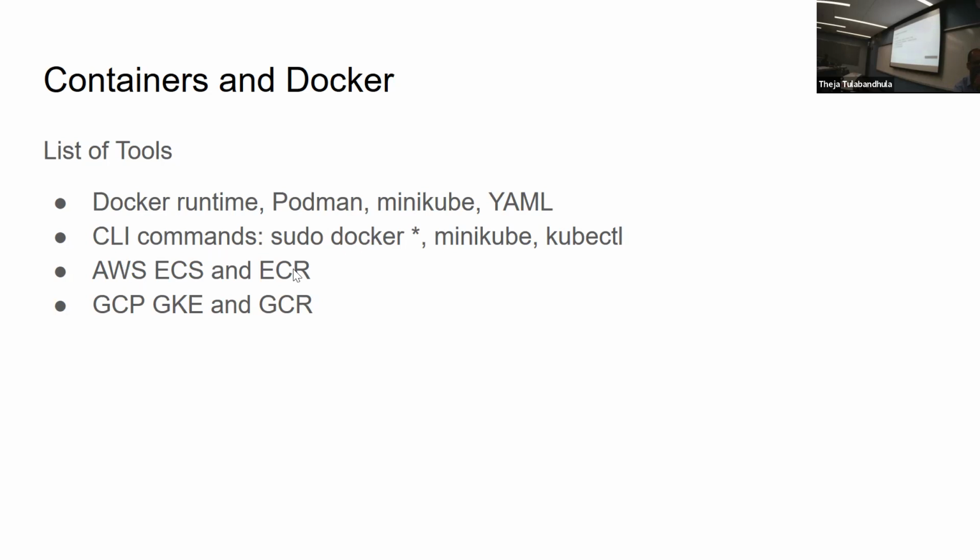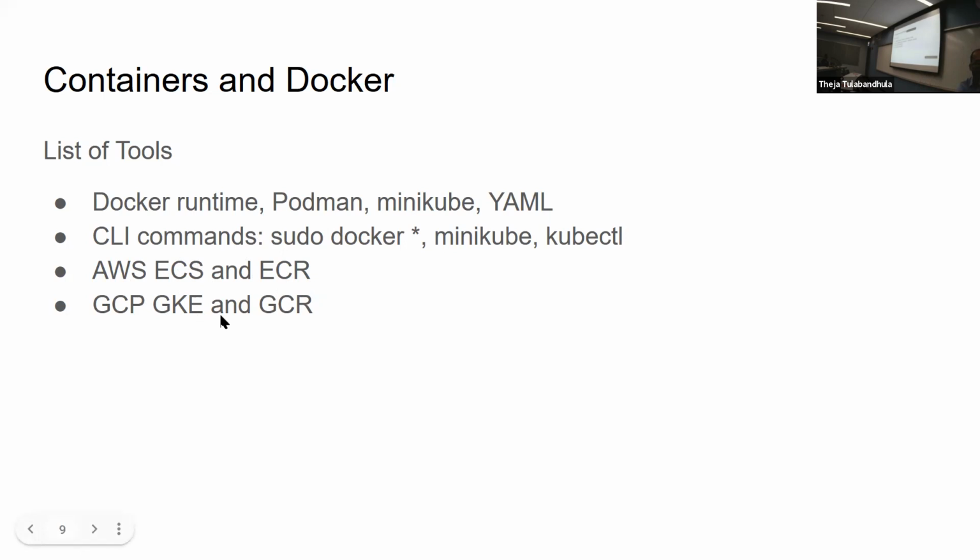And later on, I think next lecture, we'll look at cloud services, something called Elastic Container Service. There are a lot of acronyms here. AWS and GCP stand for the cloud vendors. ECS stands for Elastic Container Service. ECR stands for Elastic Container Registry. They're just some service, some registry. A registry, as I said, is a place where you put your images.